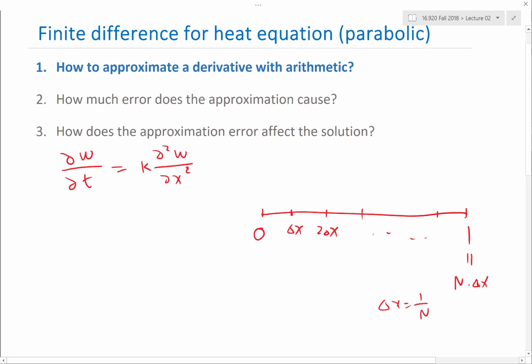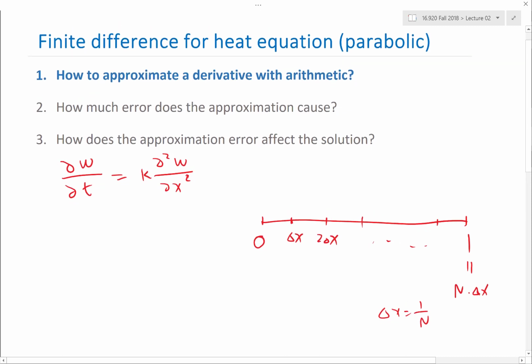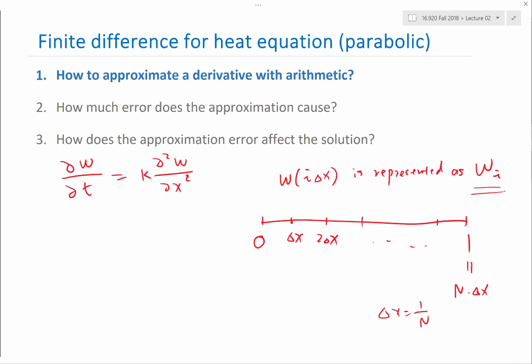and we only care about the solutions at the grid points. So W at, let's say, I times delta x, we just represent as W subscript I. Okay, so that's basically the only numbers we approximate, we store in the computer, and the only numbers we solve for in finite difference.